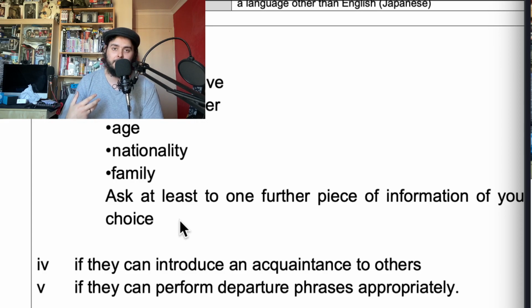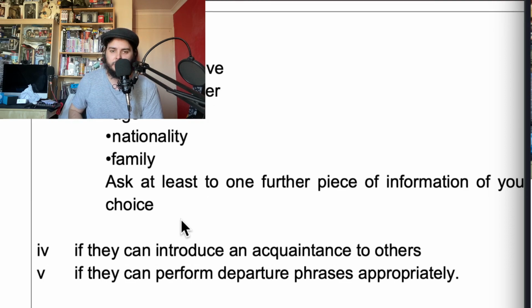So for my original question that I created here, which I may have to change for purposes for my partner to understand and be able to respond, the question I actually chose and made up was, what is your dream? So I may have to change that, but we'll come back to that shortly.